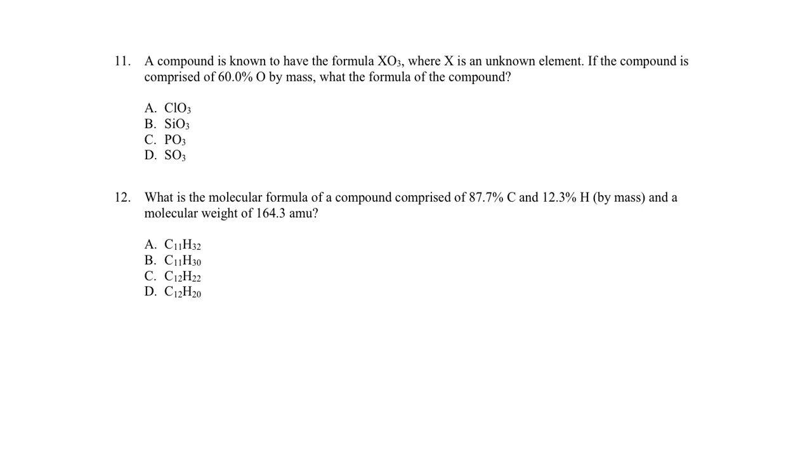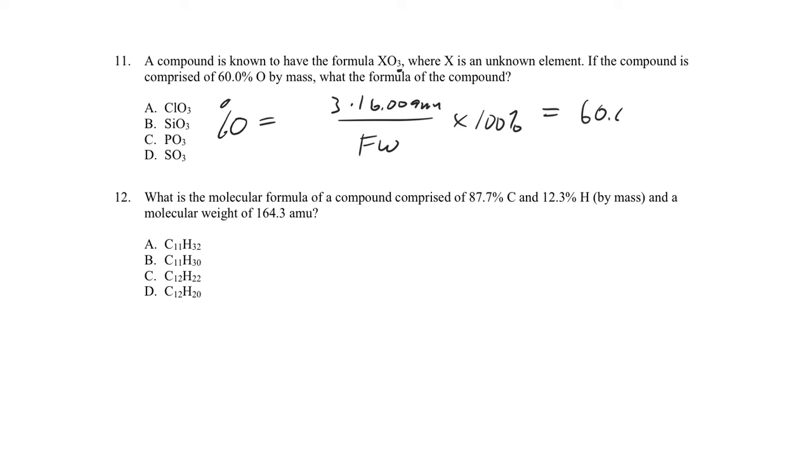Move on to 11. If we know a compound is XO3 and it's 60% by mass oxygen, what is the identity of the compound? The identity can come from its formula weight. The percent O, given that we know there are three O's, is 3 times 16.00 AMU divided by the formula weight of this compound, times 100%.